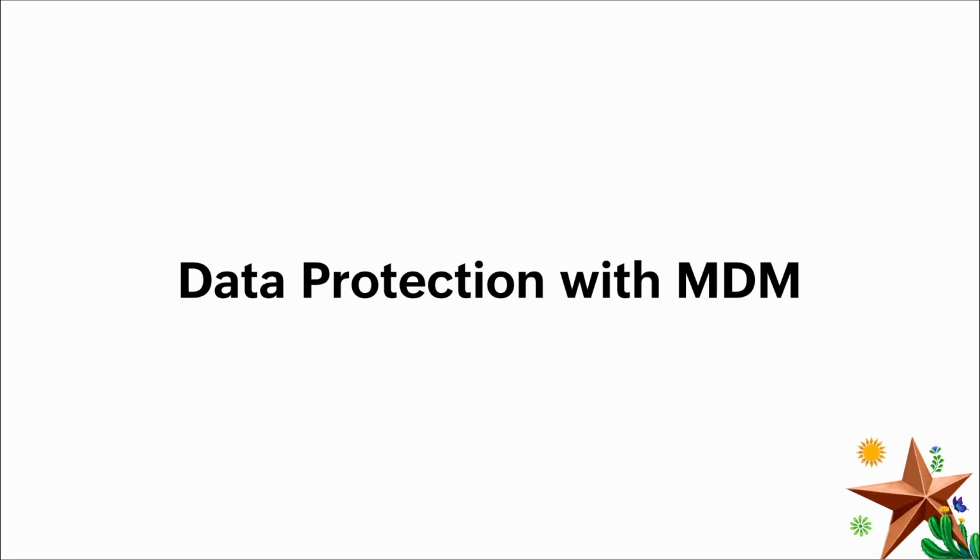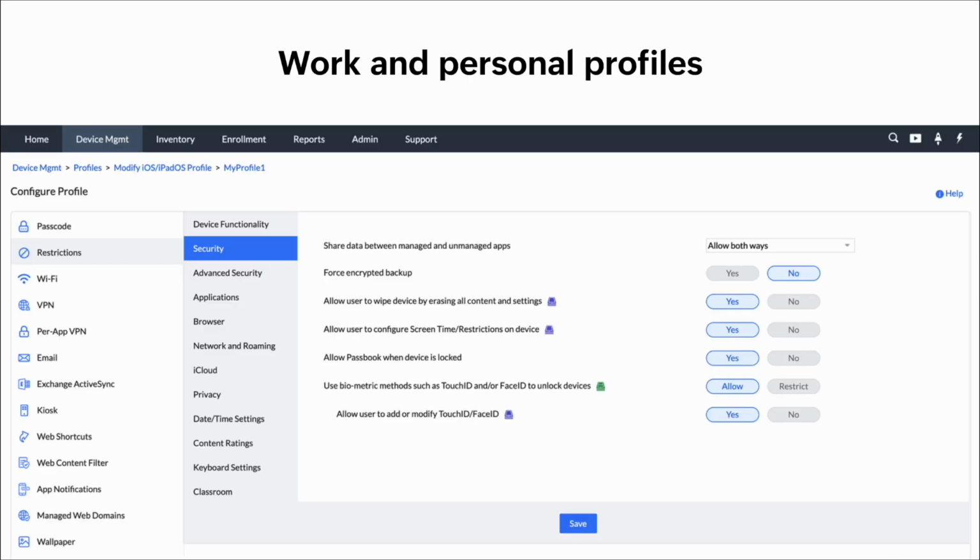So you also have data protection with MDM. A lot of employees tend to download software on their mobile. Specifically, you may not want data to be copied from your managed profiles to your unmanaged profiles. Managed profiles are something that you have deployed in their mobile. Unmanaged profiles are something they have downloaded. This protects your company's data.